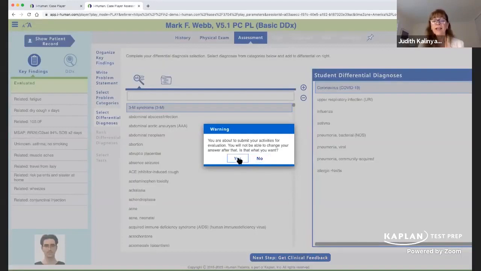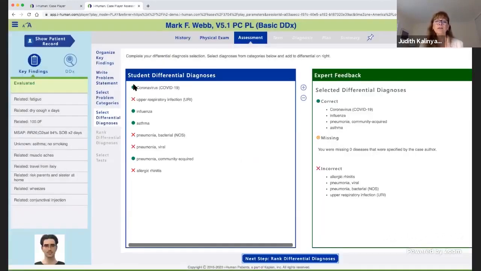Clinical feedback, and now I'm going to find out what I did right. So coronavirus was right. Upper respiratory infection, usually that's a viral infection. Usually it's mild, so that hypoxia is probably why that's being pulled off. Bacterial pneumonia versus viral pneumonia versus community acquired pneumonia.